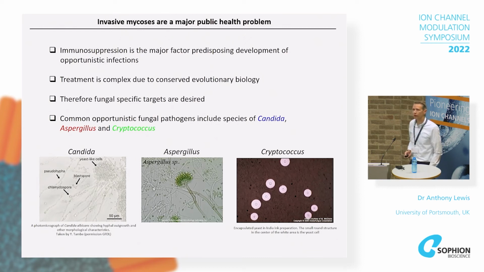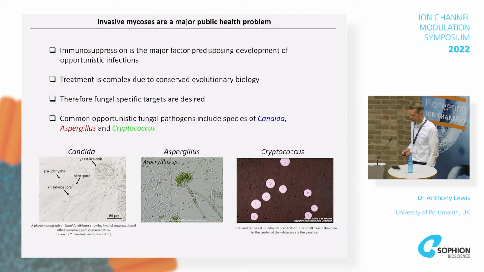So the reason why I have an interest in fungal potassium channels is due to the fact that fungal infections account for a major part of health problems across the world. So fungal infections kill more people than malaria and tuberculosis combined.